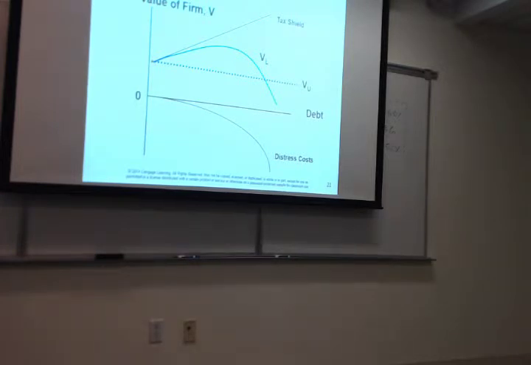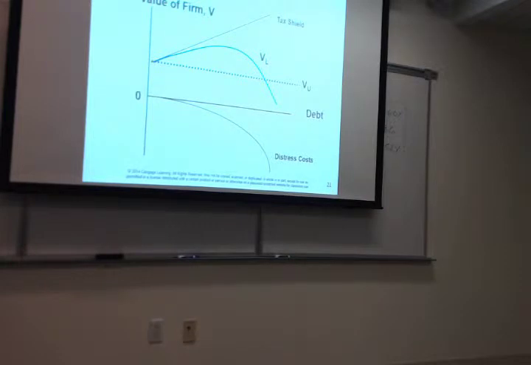If the price of stock is really high and the firm issues new stock, the managers say, I want to issue more stock. The investors in the market say, you're only issuing stock because you think the price is really high. In fact, you're probably issuing stock because you think the price is too high. You think it's overvalued.